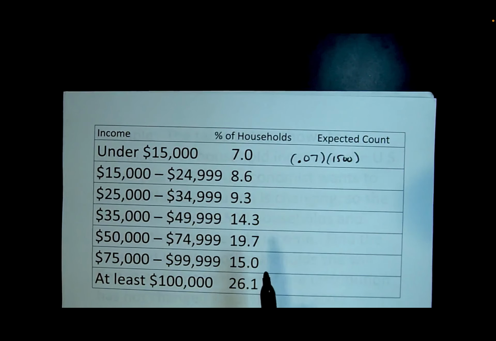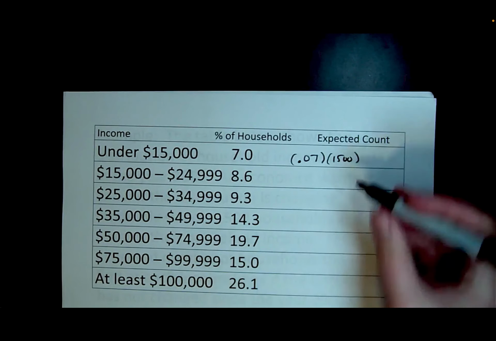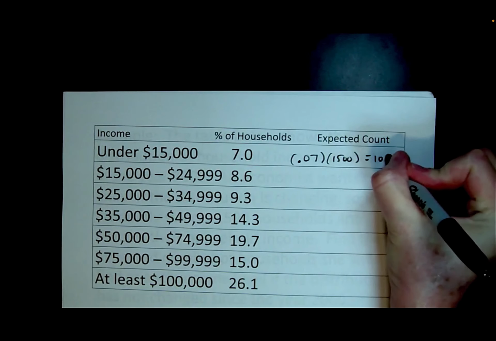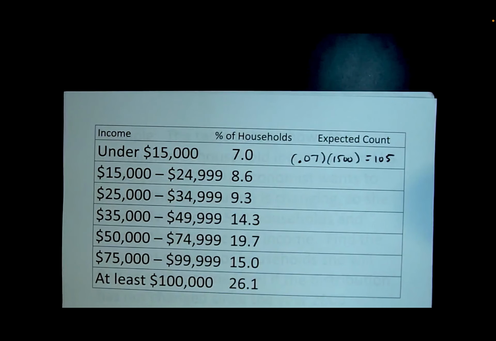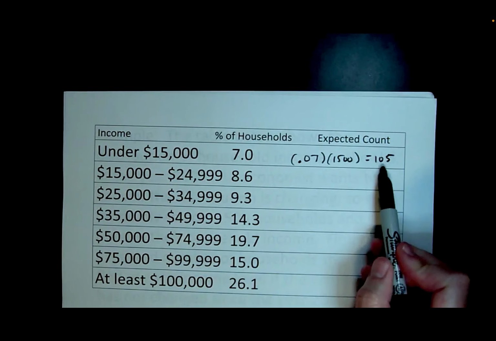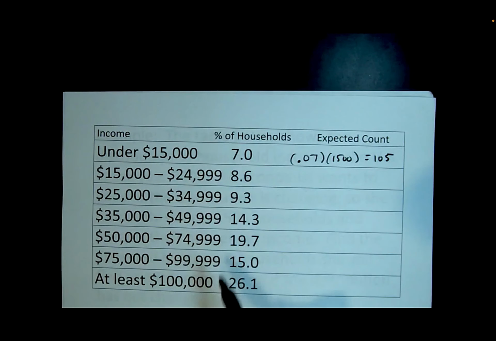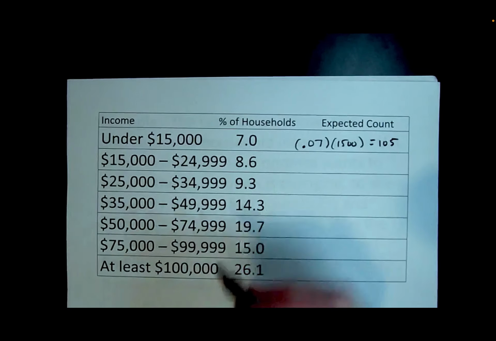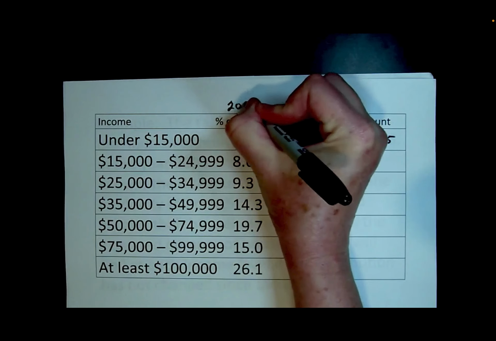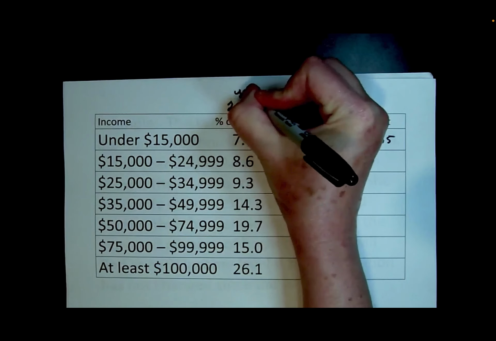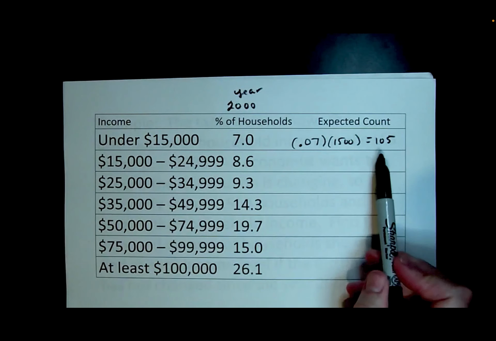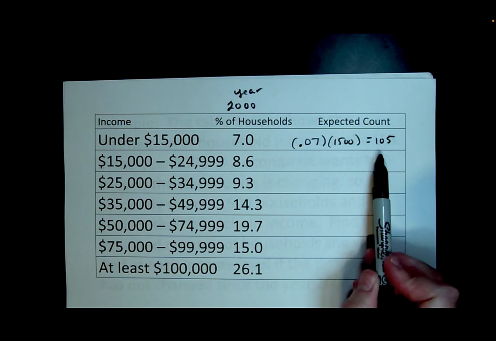And you remember that word of means multiply. So when I do that, I determine that out of these 1,500, assuming the distribution is still what it was in the year 2000, so this is the year 2000 data, I would expect 105 households to be in this category.